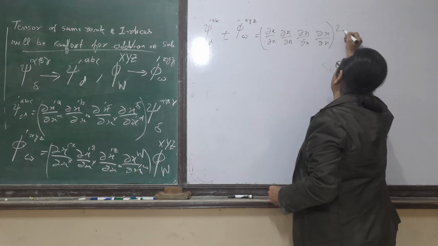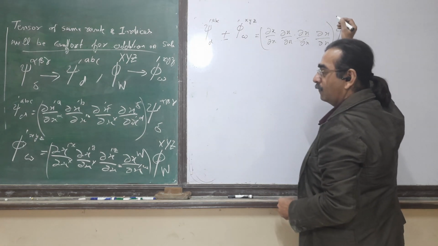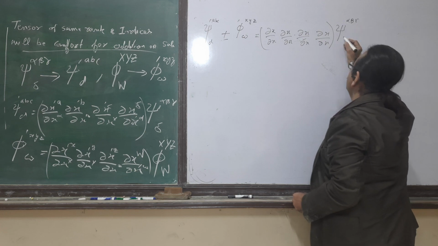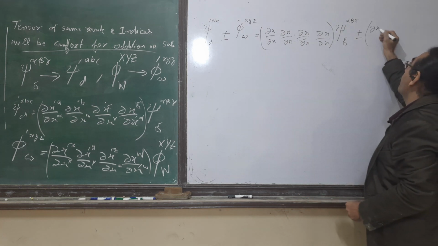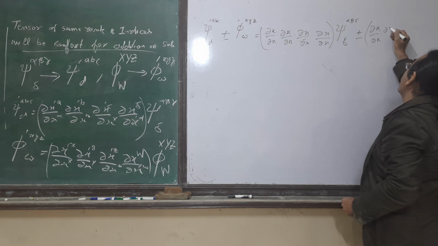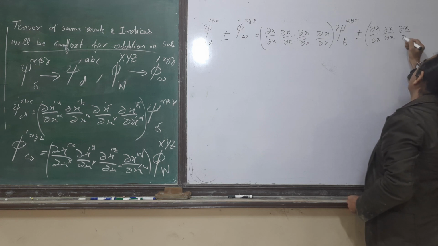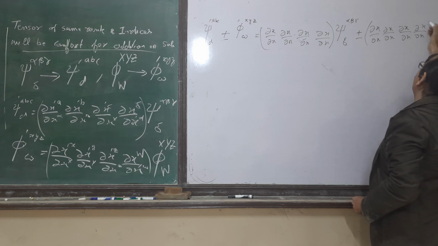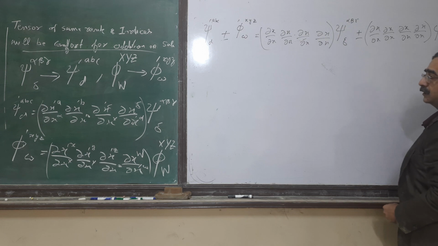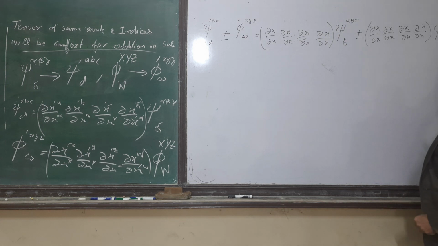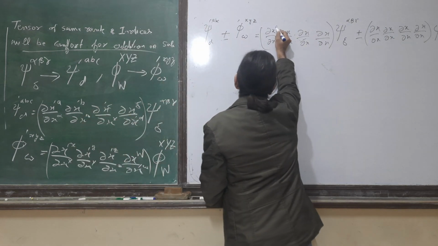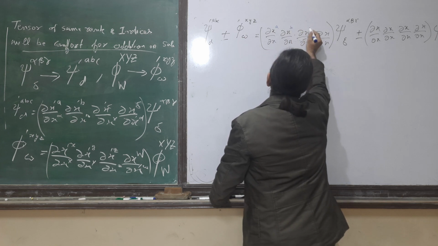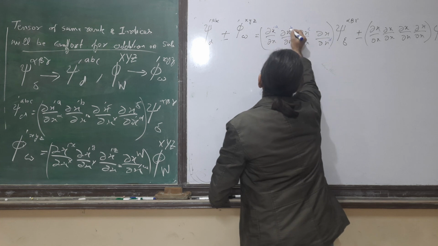So that was psi alpha, beta, gamma, and sigma, plus or minus capital X, capital Y, capital Z, and capital W. Yes. This was A, B, C, D.